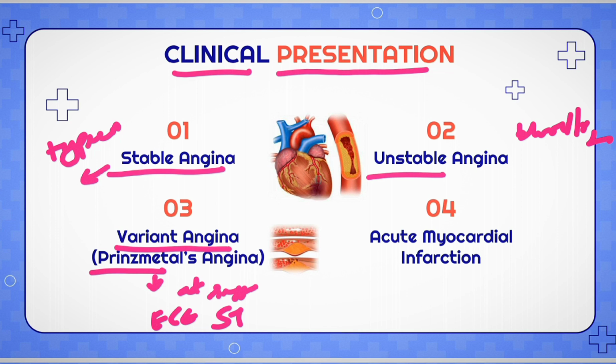The fourth clinical presentation is acute myocardial infarction, also known as heart attack, and this acute MI is a deadly medical emergency where the heart muscle begins to die because it is not getting enough blood flow.